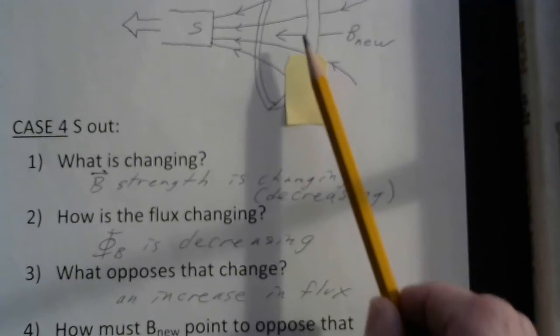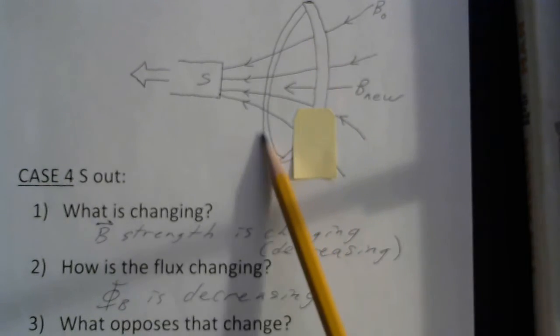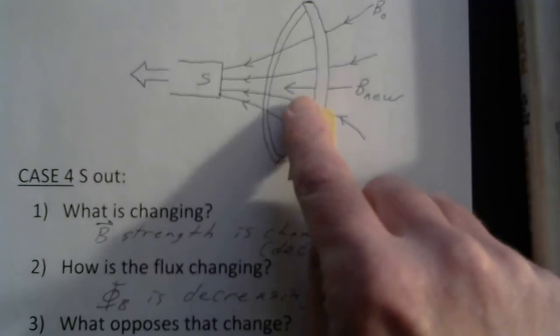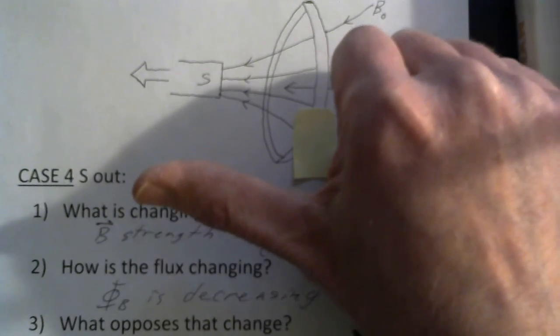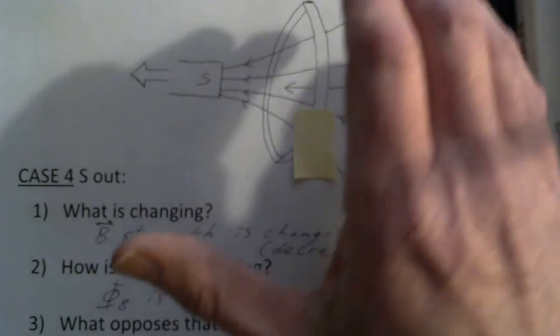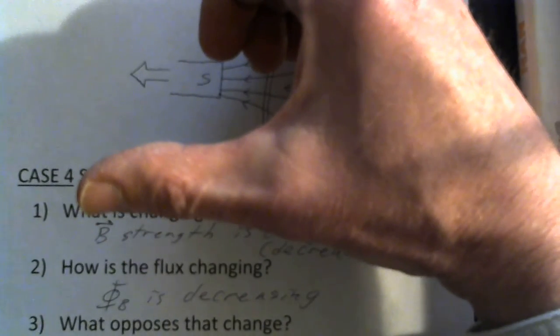All right, if this is the close side of the loop and this is the further side of the loop, and I want a magnetic field to go off to the left, my thumb is that magnetic field going off to the left on my right hand. My fingers are going to point upward on this close side of the loop and downward on the opposite side of the loop.